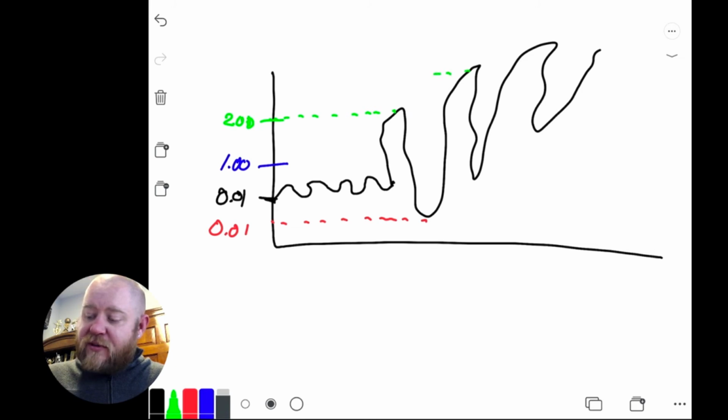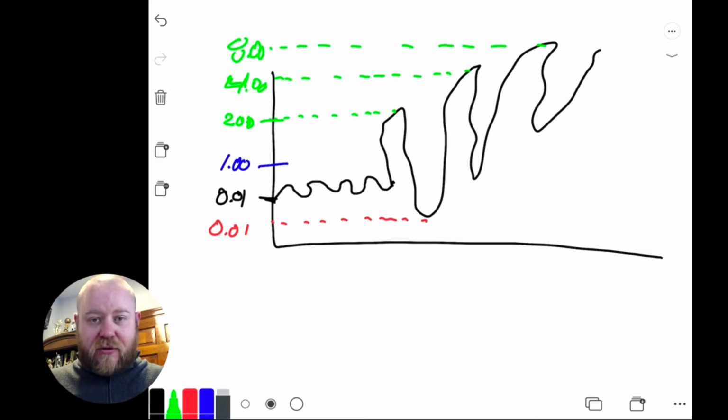Or implied volatility gets up to here, now it's worth $4. And up here, it's worth $8 or $800. Remember, you bought it here at $1. So when it gets to here, it's worth $8.